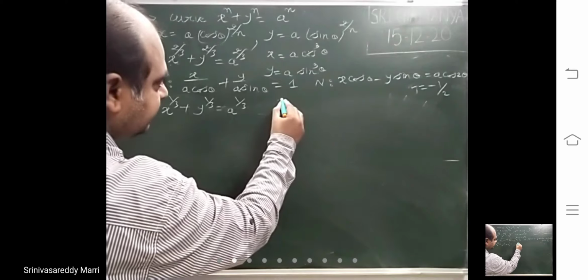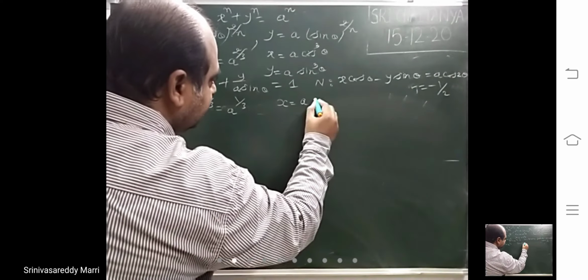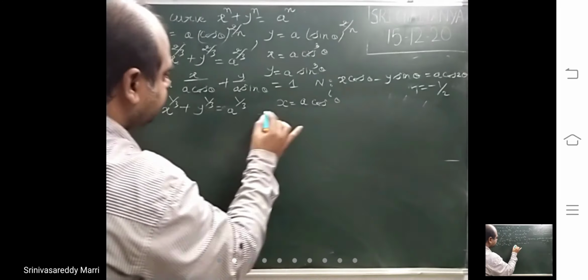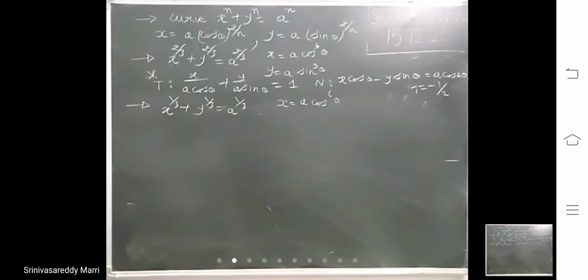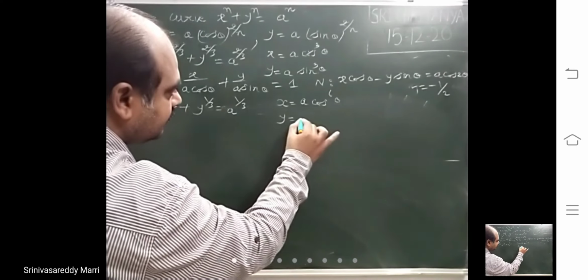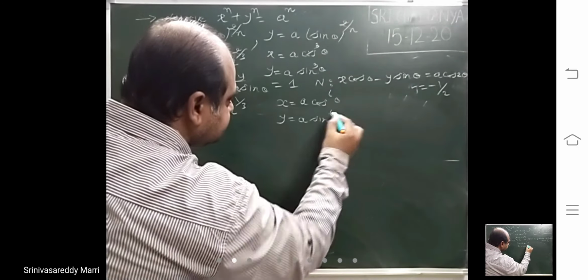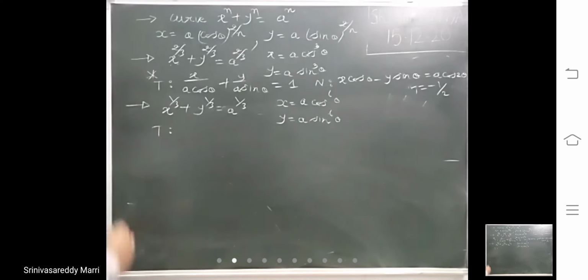Look at the equations you have to take: x equal to a cos power 6 theta, y equal to a sin power 6 theta. Especially tangent equation is very important. You have to remember tangent equation.